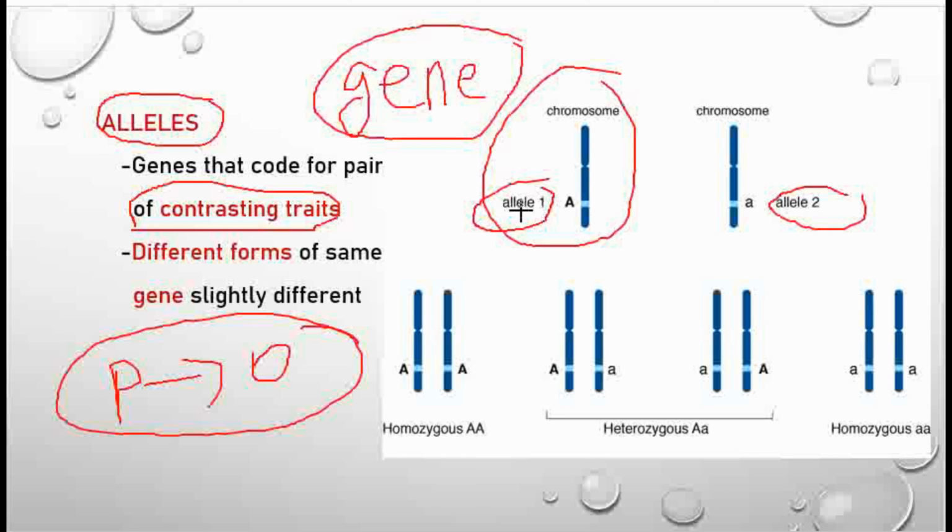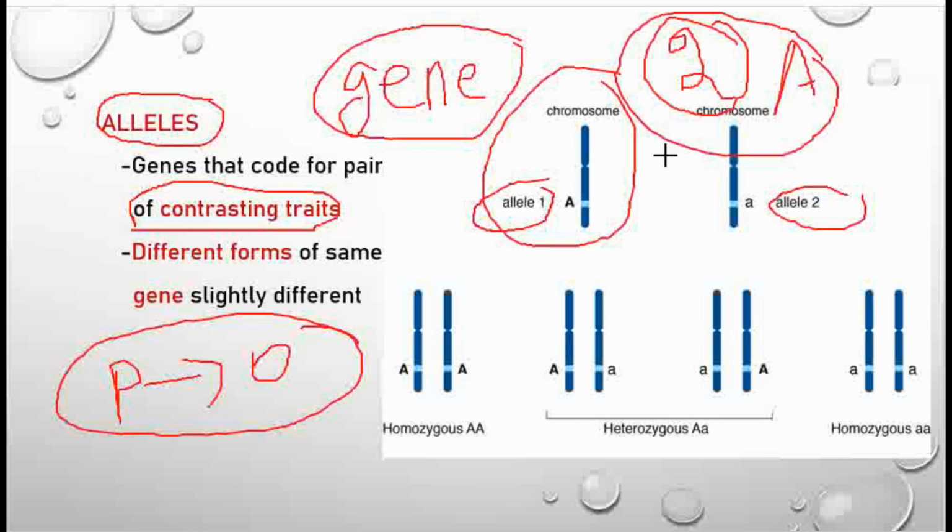An individual inherits 2 alleles for each gene, one from each parent, one from the father and another from the mother.